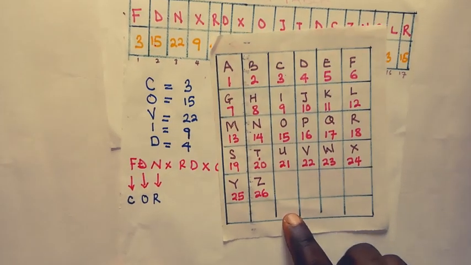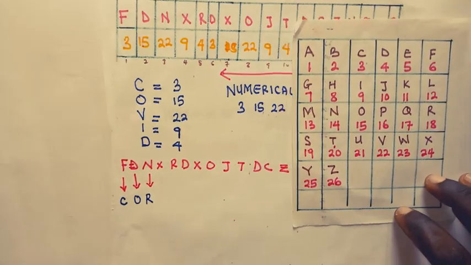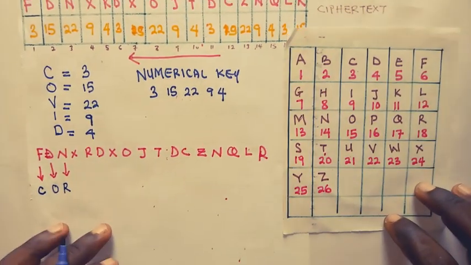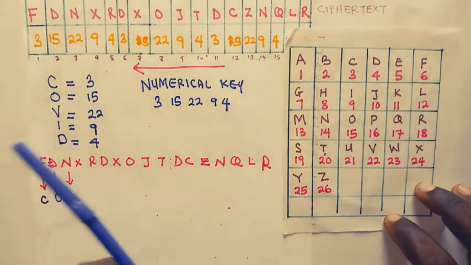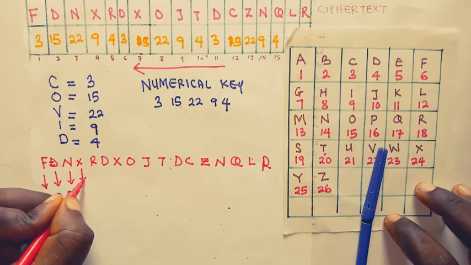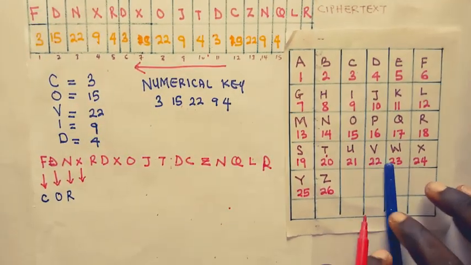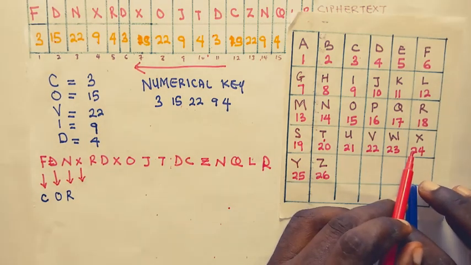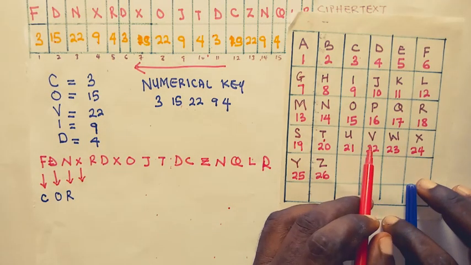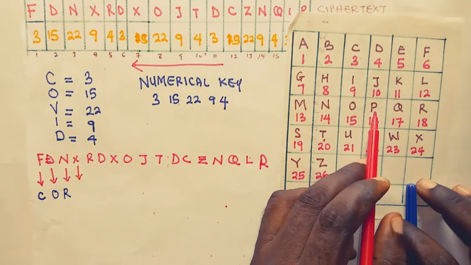I think it's making a little sense here. X, I have to shift X backward. The numerical value under X is 9, so I have to shift X backwards 9 times. 1, 2, 3, 4, 5, 6, 7, 8, 9.